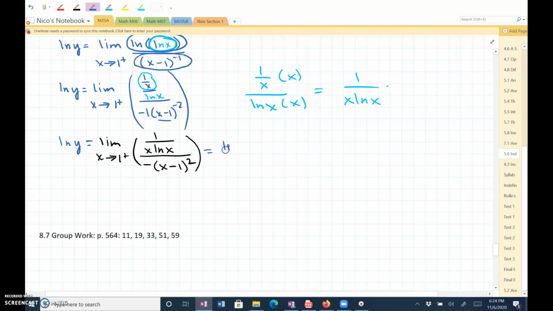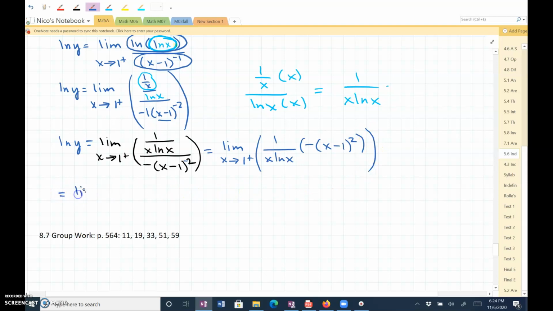So then this would be the limit as x approaches 1 from the right of 1 over x times the natural log of x, times negative x minus 1, this would have been negative here, squared.